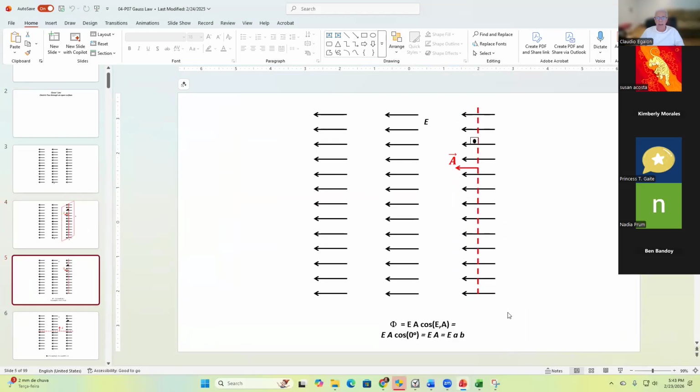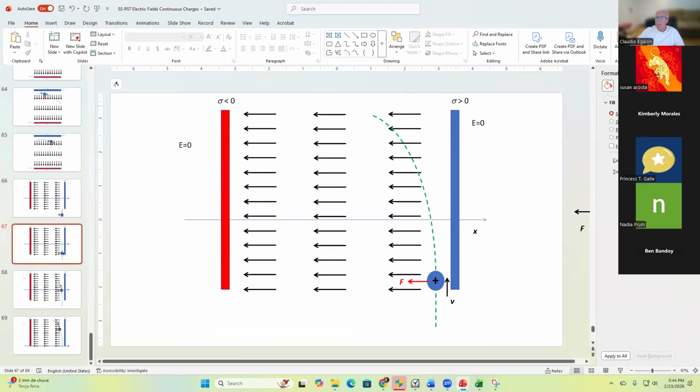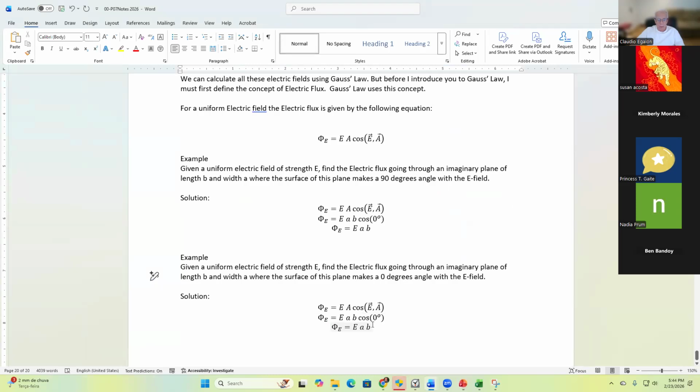It's not this case because the plane makes a 90 degree angle. That would be the case, okay? The plane is parallel to the electric field. Now the area vector of this plane is perpendicular to the electric field. So now the electric field is basically grazing the surface, and the electric flux is going to be 0, right? So here you go.